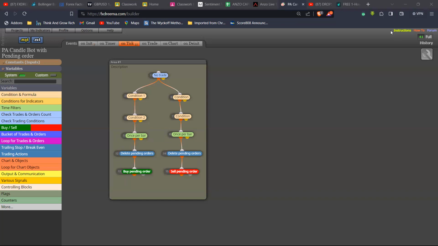So in our previous video, we built this bot together, and this bot is basically our engulfing candle EA. We now added a pending order condition to it. So remember our engulfing candle bot selection, where, for example, a bearish engulfing would be a situation where we have a bullish candle that is followed by a bearish candle that completely engulfs it, including the wick, obviously.